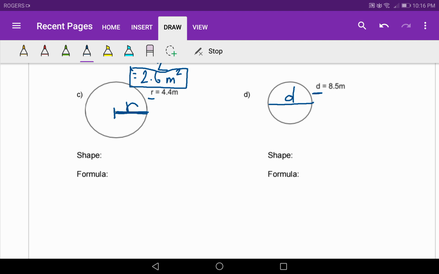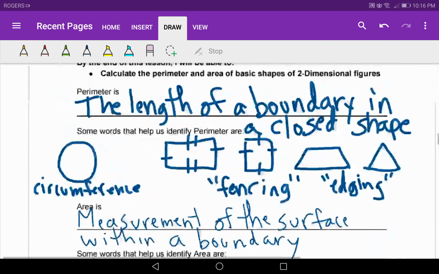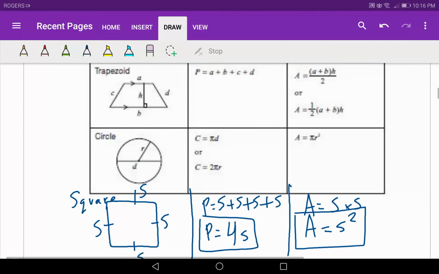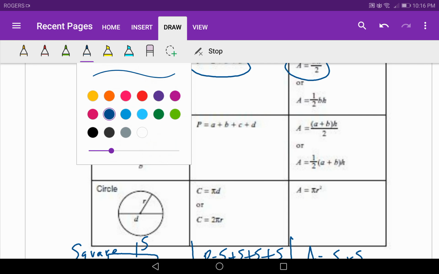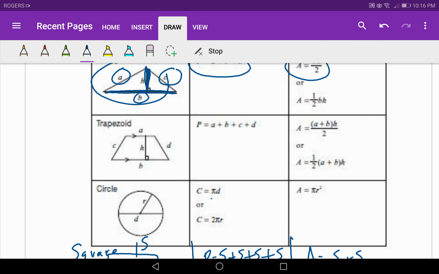Okay, so we know that, of course, this is a circle. All right, and now what are my formulas? Well, I know that for perimeter, the real word is circumference when it comes to a circle. So let's take a look at a circle up in my formula sheet. And what is the circumference? Well, it's either pi times diameter, where pi, of course, hopefully you know this as well from elementary, pi is 3.14. All right, that's what pi is.